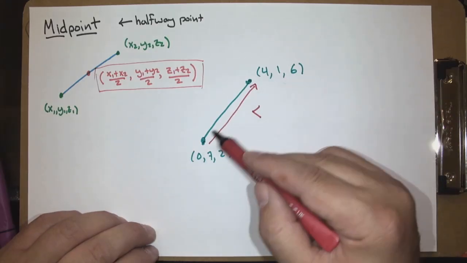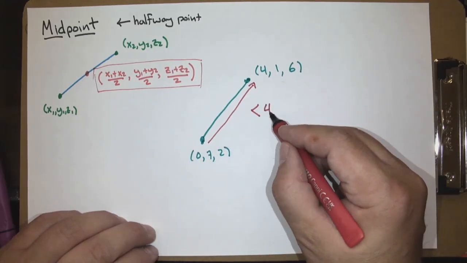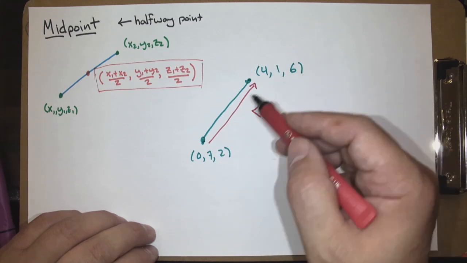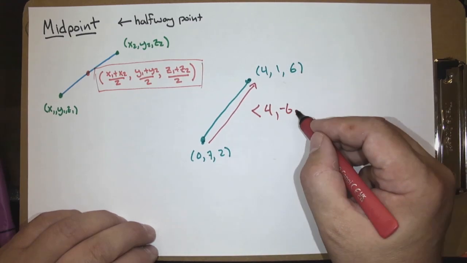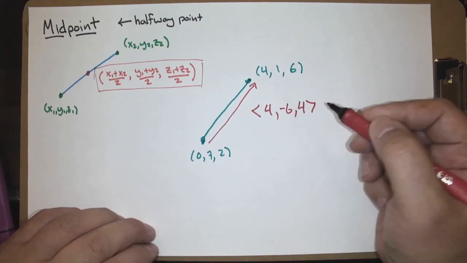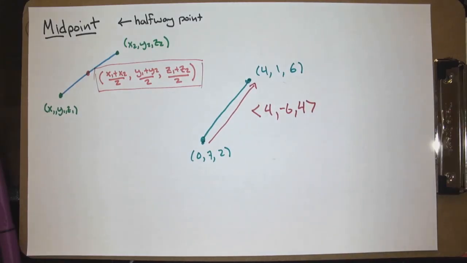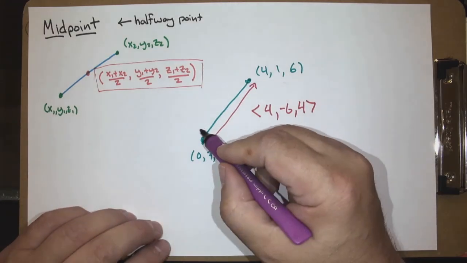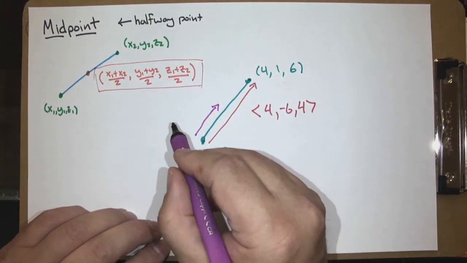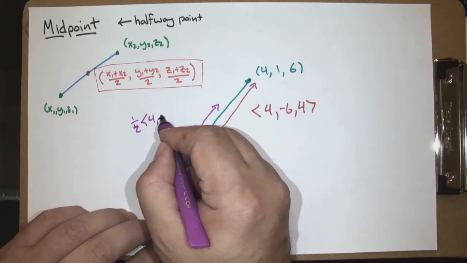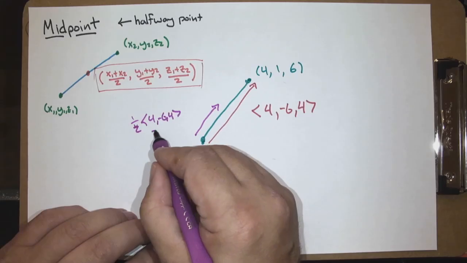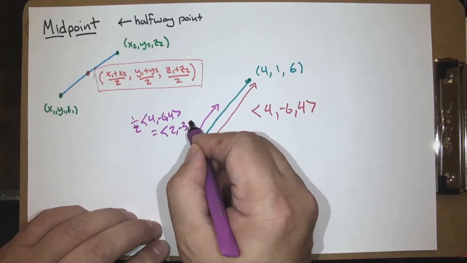Take the differences. 4, negative 6, because we went down by 6, 1 subtract 7, and 4. Now, if I want to go halfway, what's the vector that goes halfway? Yeah, I scale by half. So 1/2 of this 4, negative 6, 4 is 2, negative 3, 2.